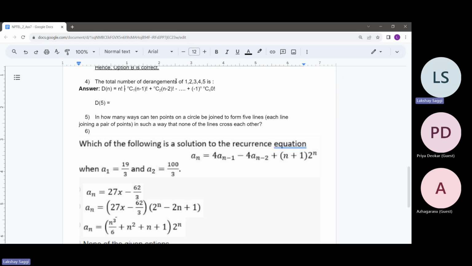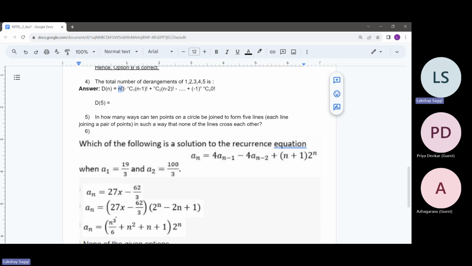To find out the total number of derangements where no number goes to its own place, first of all, I take all the permutations. There will be n factorial permutations. And then I choose one number which does not go to its place. So basically what I try to do is subtract.